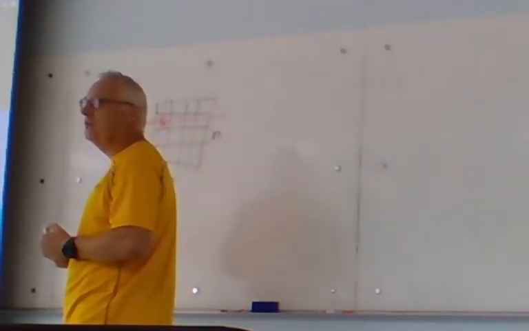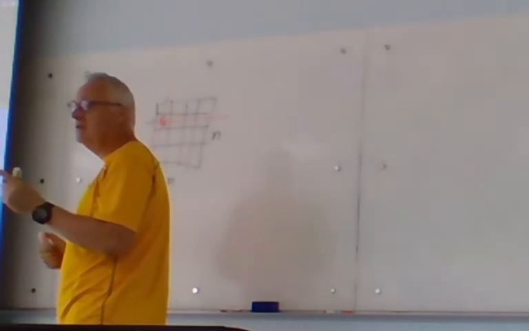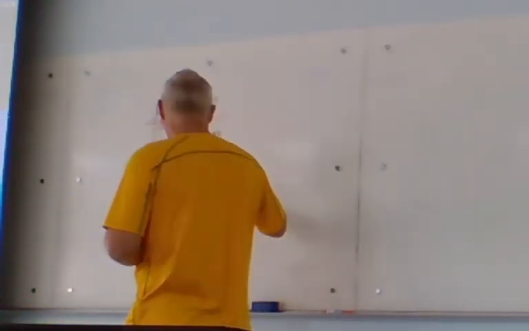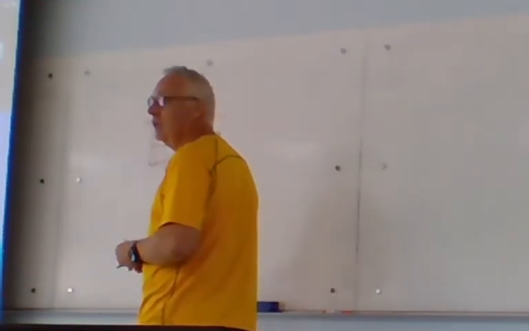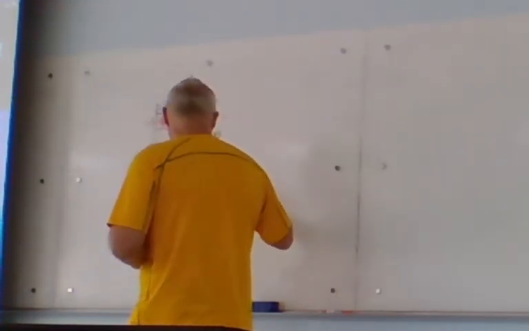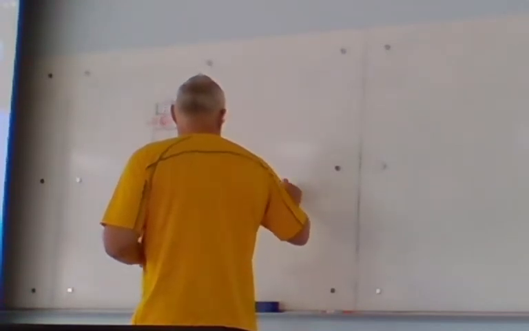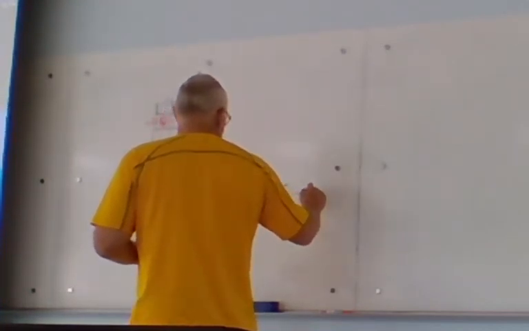That means that one of the queens must be in row 1, right? And one of the queens must be in row 2, and in row 3, row 4, row 5, all the way up to n.